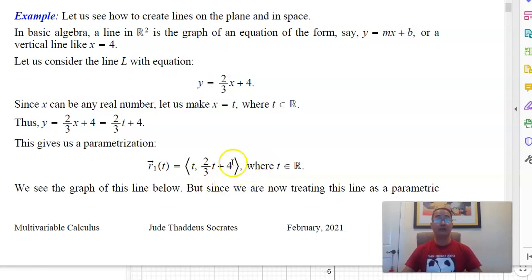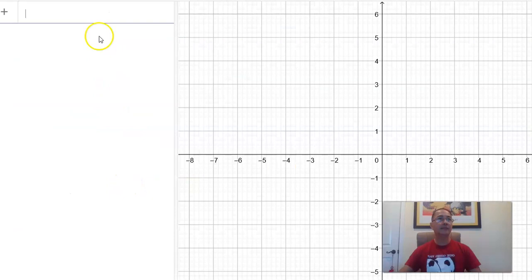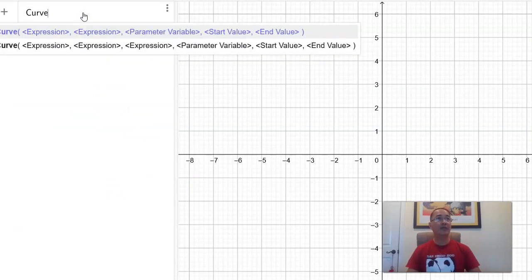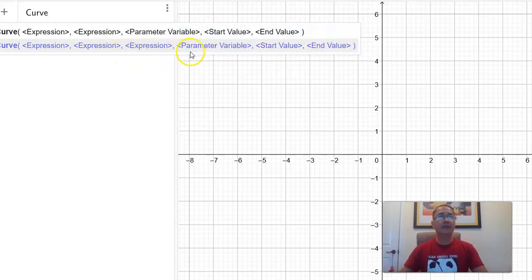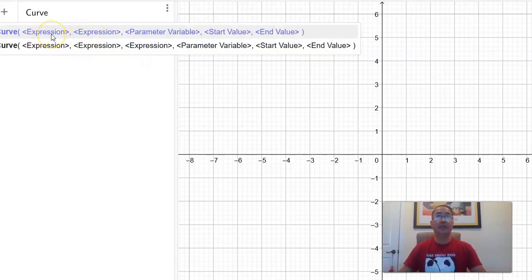Let's go to GeoGebra and see how to graph this using the Curve command. We'll start with 2 dimensions, and the command is Curve. Here you go, we have 2 choices. In the first choice you only have 2 expressions, because we only have x and y.